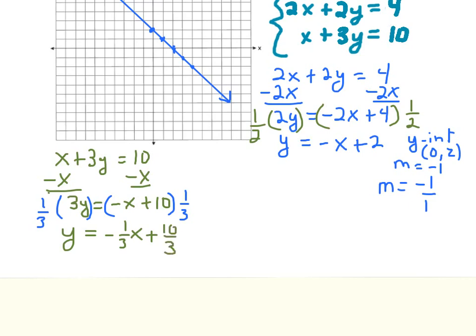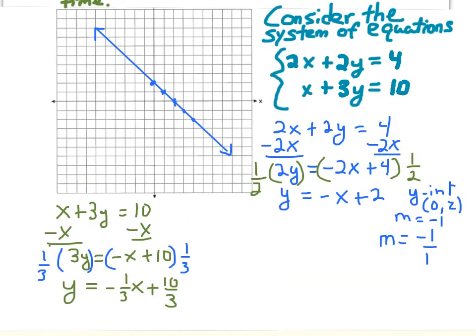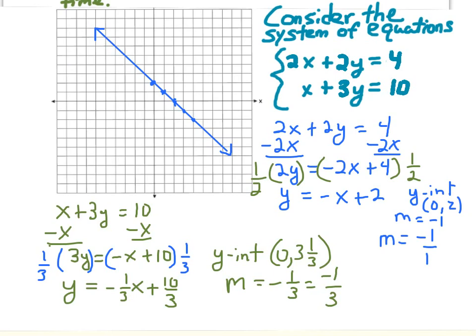All right, so let's go back up here and graph this. My y-intercept is at 3 1/3, so 0, 3 1/3. I could leave that as 10/3 if I wanted to, and my slope is equal to negative 1/3, which we can write as negative 1 over 3. So 0, 3 1/3 is going to be right about here. It's a little high.